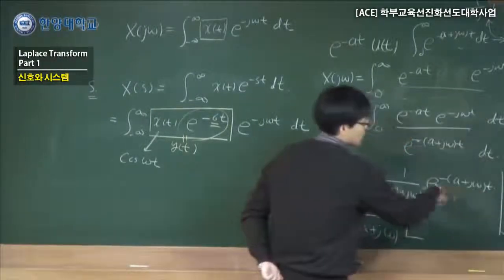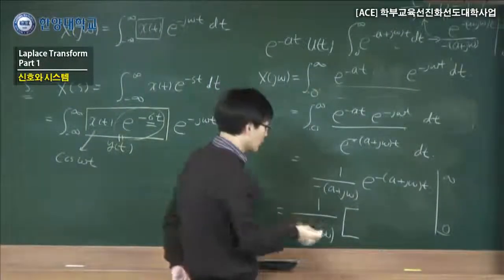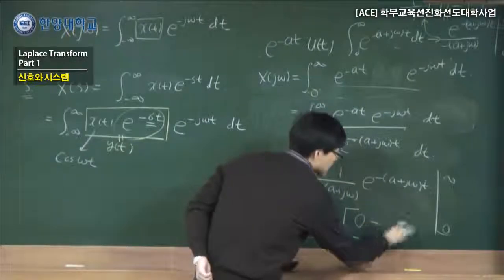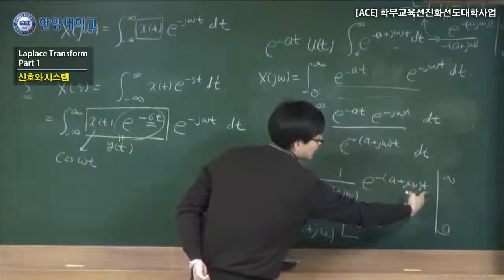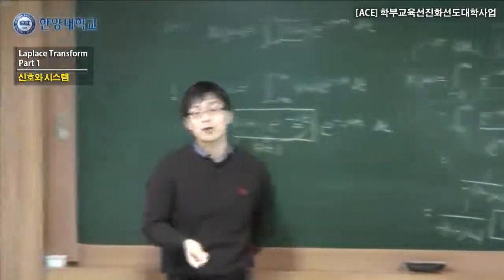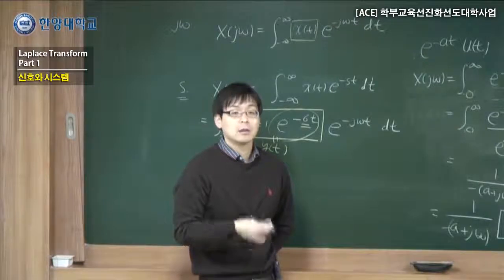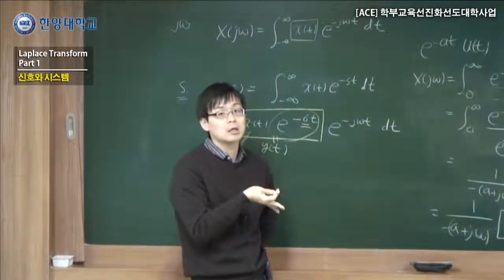If you put infinity, e to the minus infinity becomes 0. Minus, if you put 0, this one becomes 1. So this is our Fourier transform. That's why we have had it so far, right? But really, is it true?